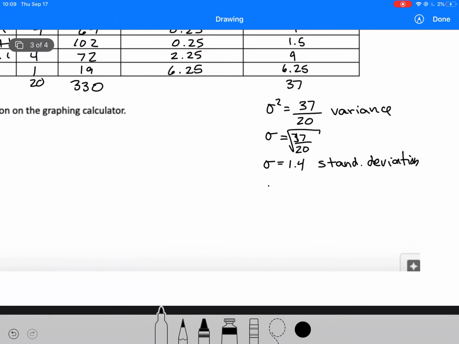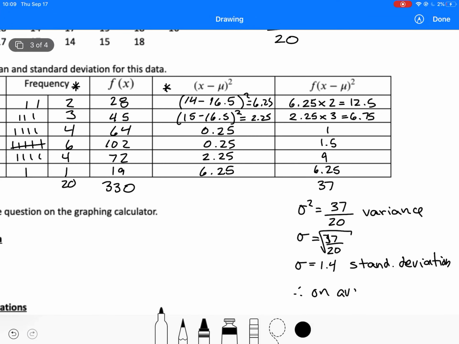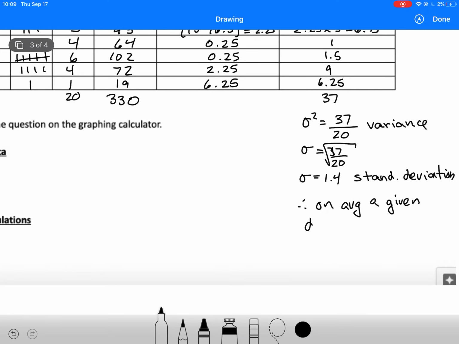Okay, so what that means is on average, a given data point is approximately 1.4 away from the mean.